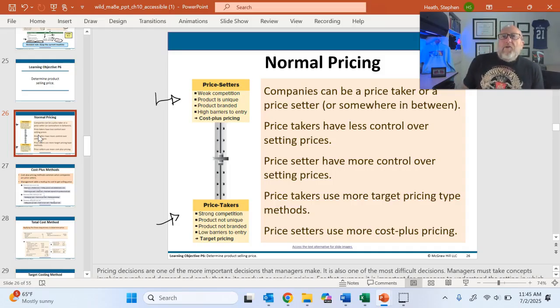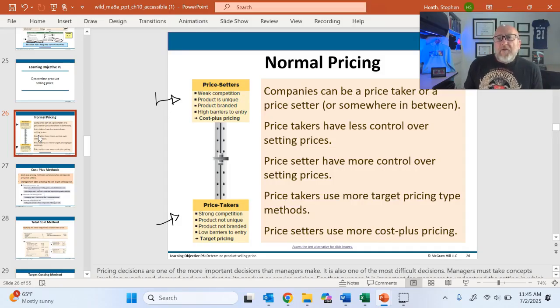Okay, so companies can be price takers or price setters. Price takers generally have less control over setting the price. That's what we said. Price setters have more control. We just went through that.